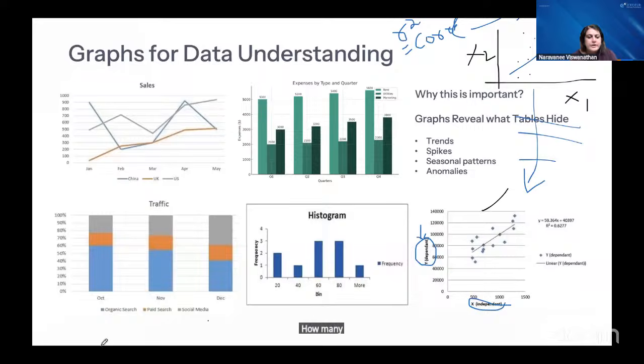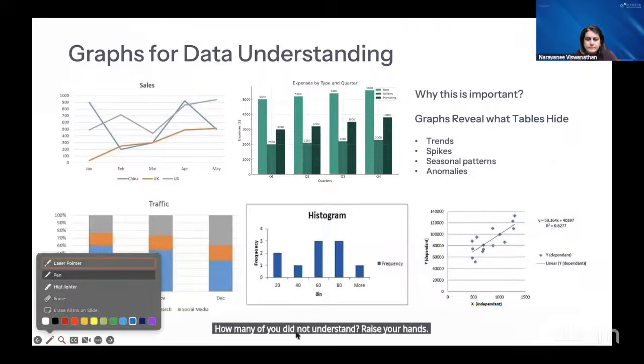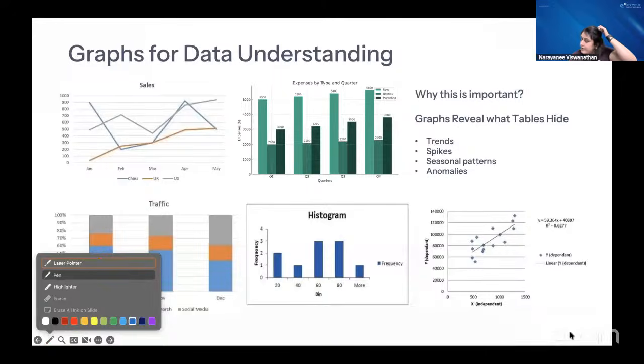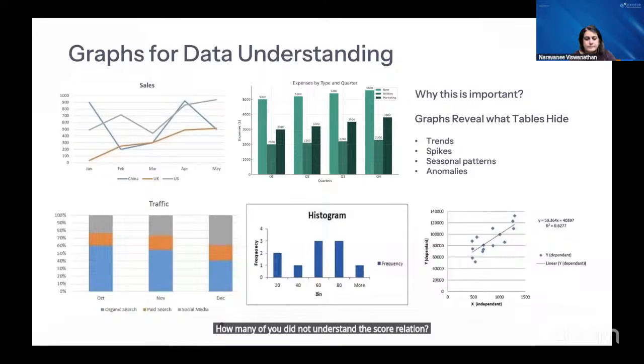How many of you did not understand? Raise your hands. How many of you did not understand this correlation? Okay. So basically, whenever you are having two sets of data, I'm having x1 and x2 and x3, right? I want to see how x1 is related to x2.